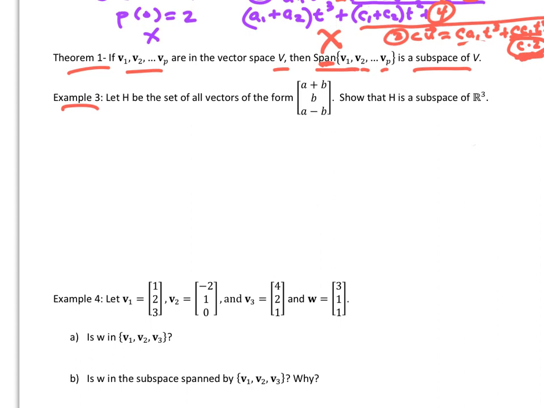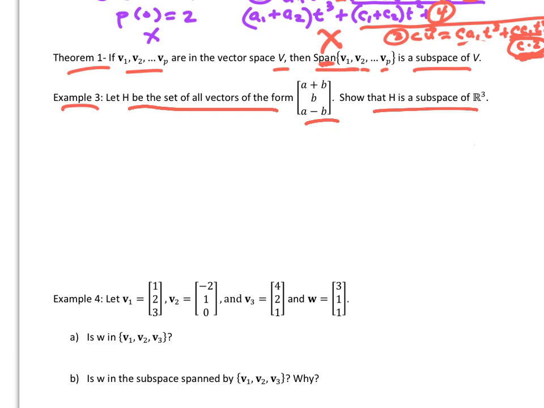Example 3 says, let H be the set of all vectors of this form. Show that H is a subspace of R3. If I can do a linear combination of some vectors that are in R3, then I should be okay.